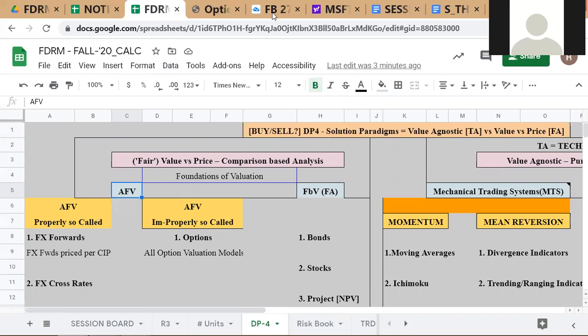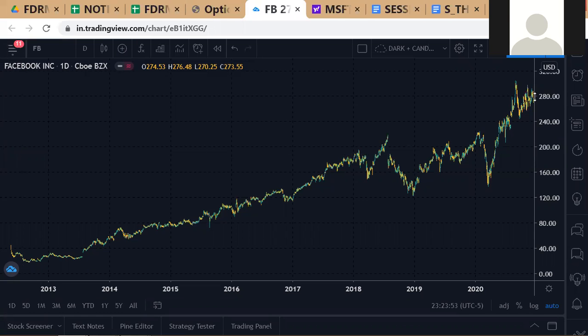So one approach to fair value is to basically forecast the future earnings of Facebook. And some of you might say that, because of this antitrust lawsuit, where they're saying that many of the acquisitions that Facebook did, like WhatsApp, Instagram, etc., are buying up their competitors and reducing competition, those acquisitions will not be allowed to go through.